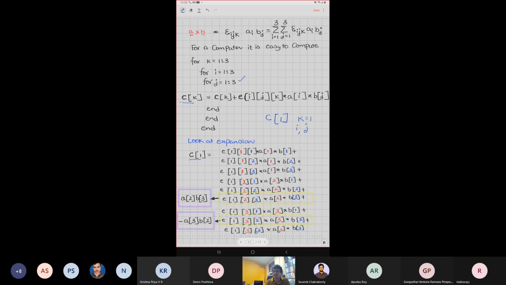A computer within a fraction of a second can calculate these products. Already we have taught the computer: E111, look at that, repeated index, make it 0. E112, make it 0. E113, repeated index, 0. E121, repeated, 0. E122, repeated, 0.